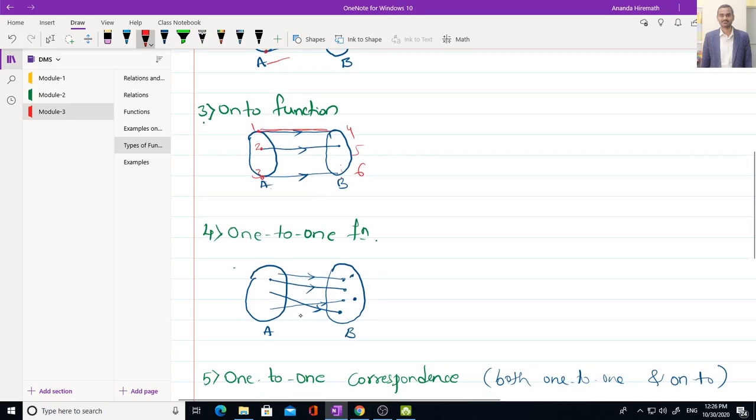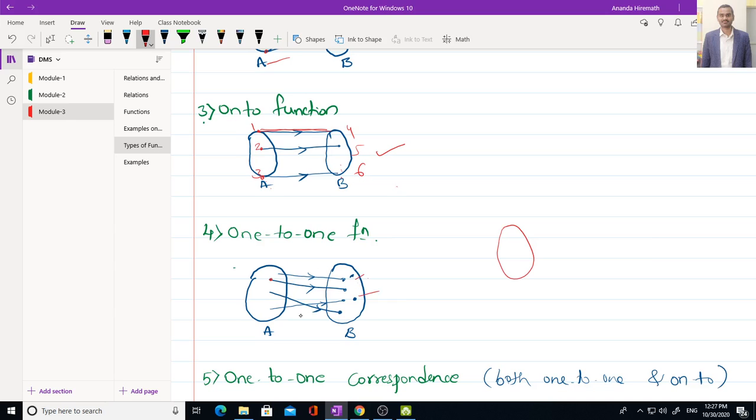Next, the fourth type is the one-to-one function. If you observe, each element of A is mapped to only one element in B. But what is the difference between onto and one-to-one function? If you observe in an onto function, there are no extra elements in B. But a one-to-one function may have some elements in B, as we have here, this one and the second one.